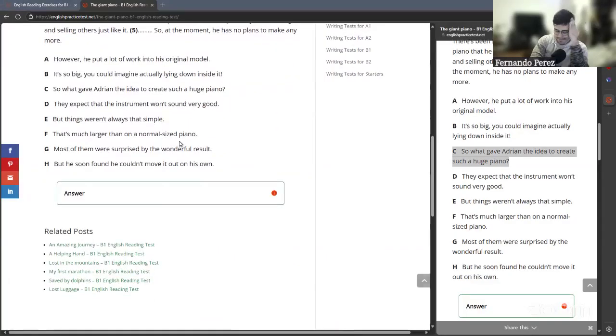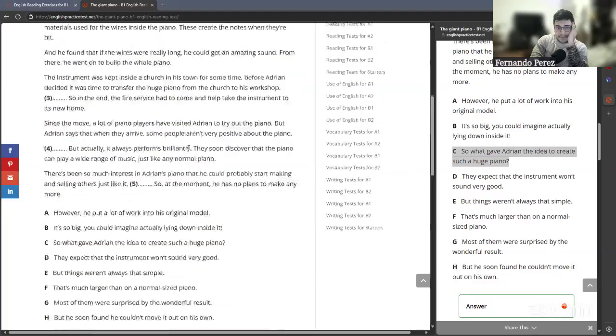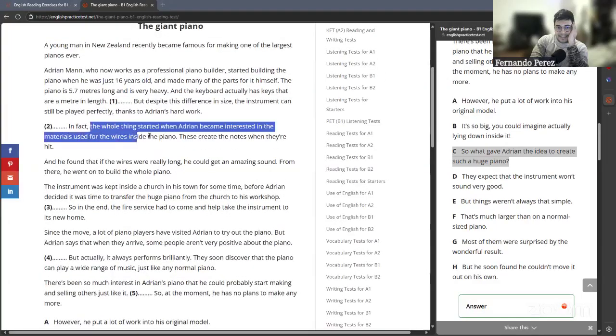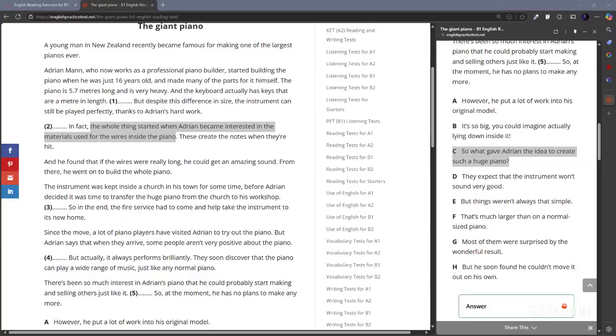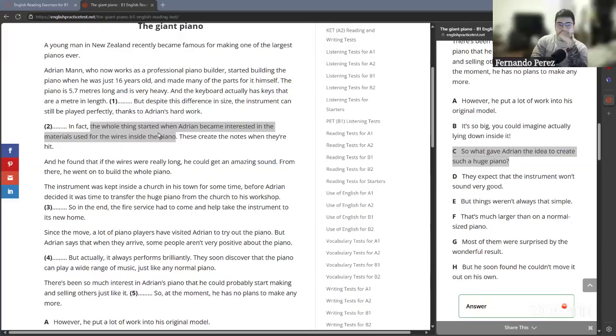Oh, okay. This sentence is the answer to this question. Read it, please, and tell me if you agree. Yes, teacher, I agree. The whole thing started when Adrian became interested in materials. This information is the answer to this question.